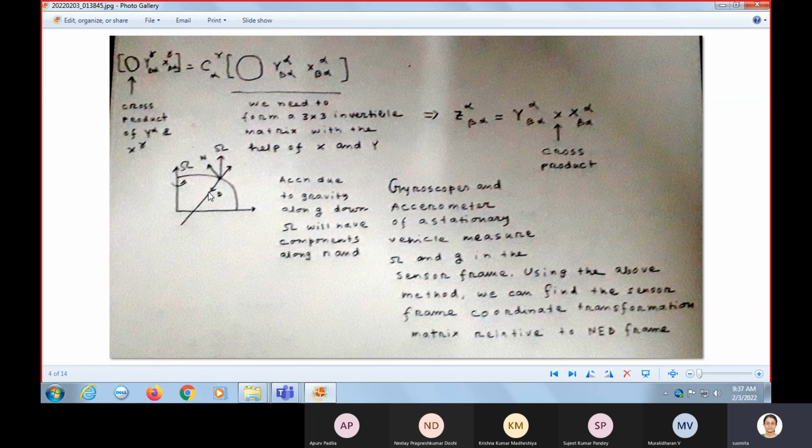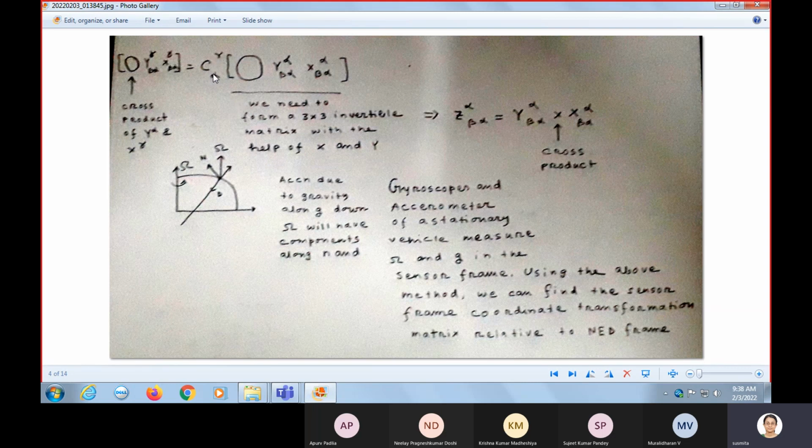So we know that acceleration due to gravity is along the down axis. Then the earth rotation rate has one component along north, another component in this direction. So we know x and y in the local navigation frame. We know them in the sensor frame because the gyroscopes and accelerometers of a stationary vehicle measure them. And then if you take the cross product and put that in these columns, this is basically the coordinate transformation matrix from sensor frame to navigation frame.